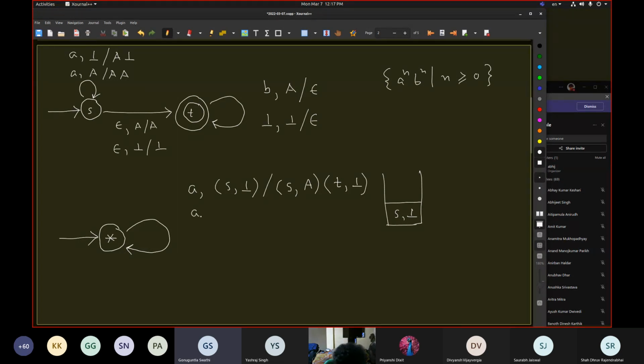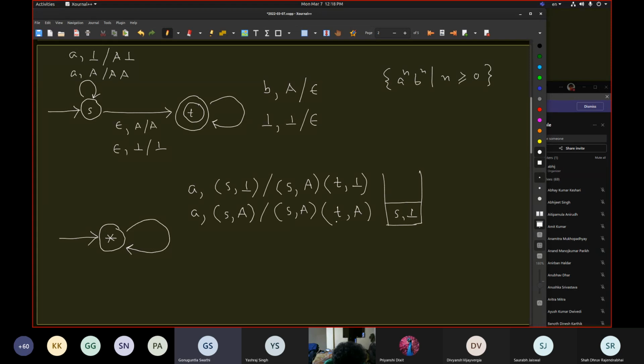Okay, so now if I look at the second one, M is in state S, and this is at the top of the stack. I will continue to stay in that state, but the previous A that I have that triggered this action will have the state changed to T. Again, the reason is clear.